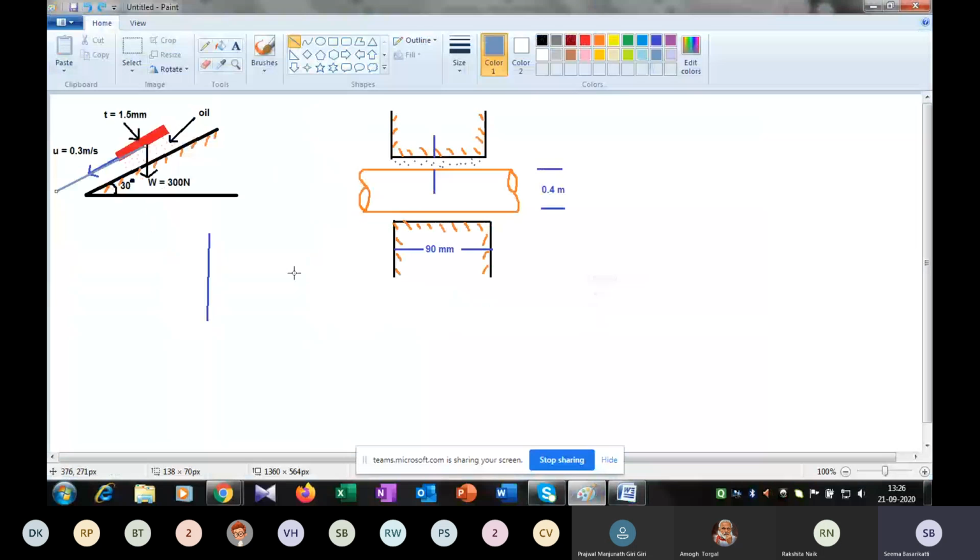In this particular problem, the weight is acting in the vertically downward direction, but the movement of the plate is in the other direction. That's why I am going to resolve the weight towards the direction of the velocity, towards the movement of the plate. So the term W will become W cos 30 degree, because the angle of inclination is 30 degree.